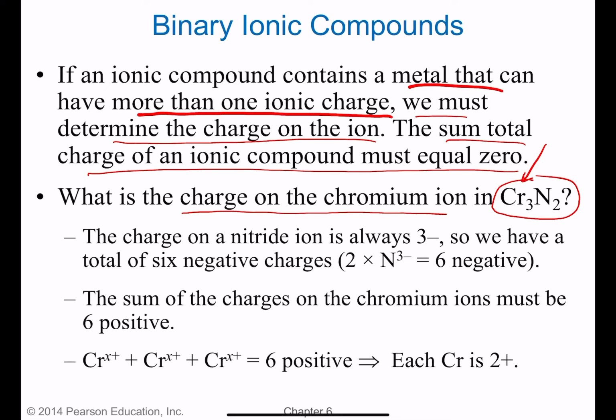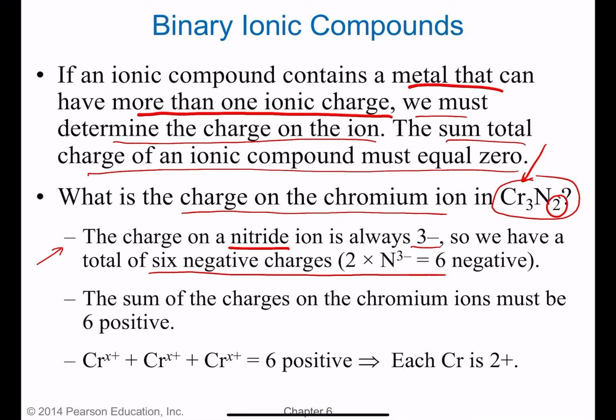So thinking through, this is our thought process. The charge on the nitride, so that's the nitrogen, that's always 3 minus, and that's based on the column in the periodic table. So phosphorus and nitrogen, that group, those are always 3 minus. And since there's 2 nitrogens, that means there's a total of -6 just for the nitrogens.